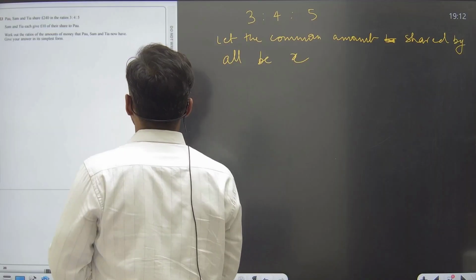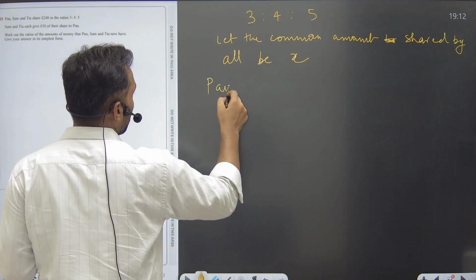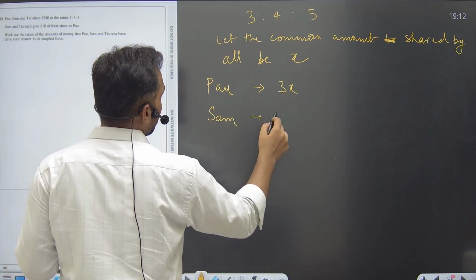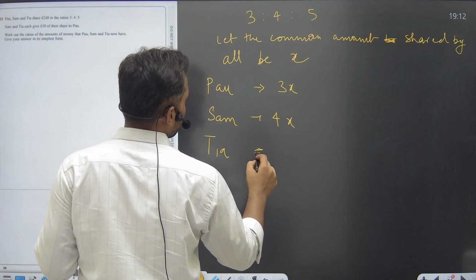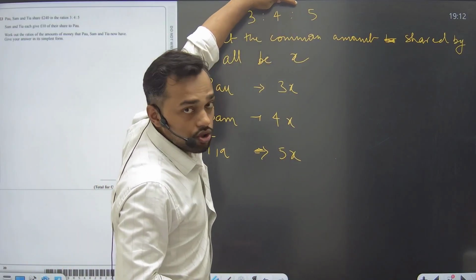So what will be the amount with Pao, Sam and Tia? For Pao it will be 3x, for Sam it will be 4x, and for Tia it will be 5x. Okay. This is the ratio and this is the amount.